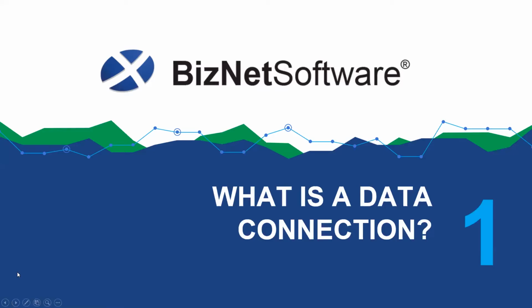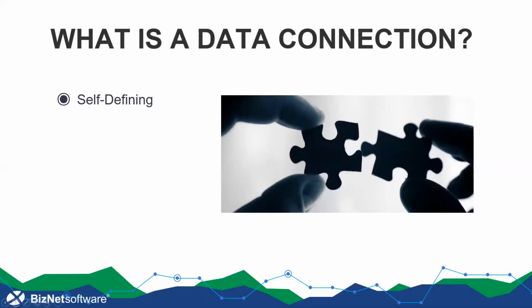Let's start with defining what a data connection is, just to give us a baseline on what we're looking to connect with. The first thing about a data connection seems a little obvious, but it's self-defining: it's a connection to your data. But it's data that's missing from your original report. You're trying to find information, just like that puzzle picture to the right, where something's missing and you need something to make it complete.